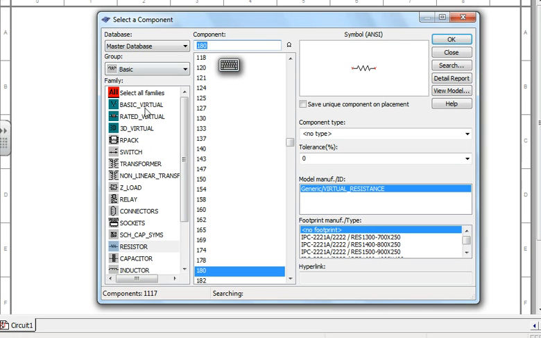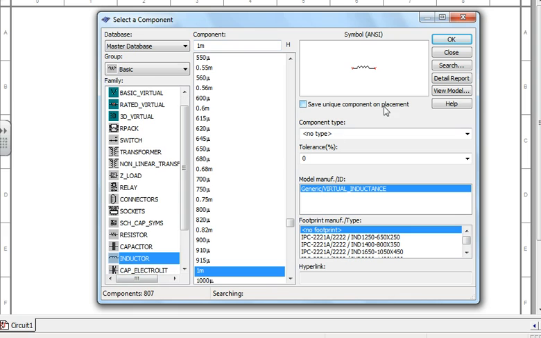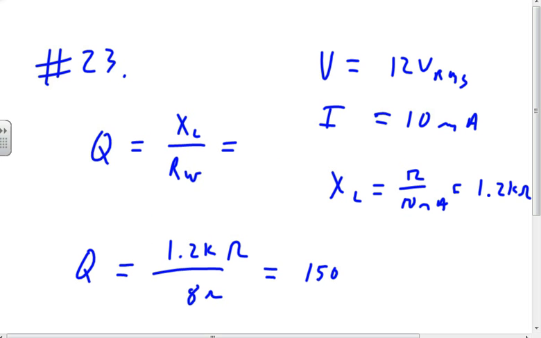All right, so I got an inductor. What did we say the inductor was? 1.2 K. Well, all right.